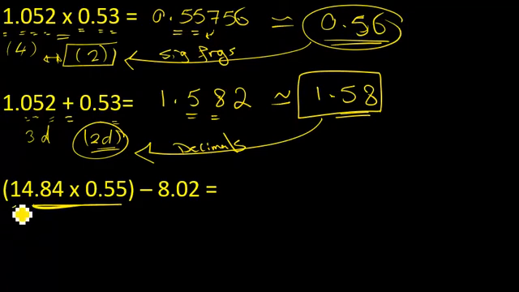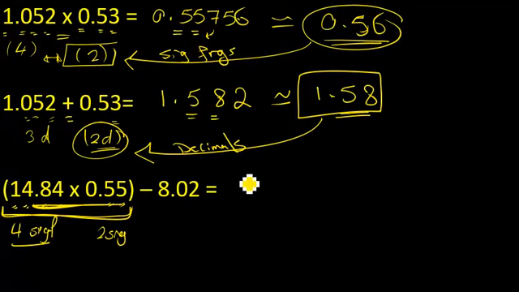This one is 1, 2, 3, 4. So that's 4 significant figures. And in this one, we don't count the leading zeros, we count this, so it's 2 significant figures. So the answer for this part only should have 2 significant figures.